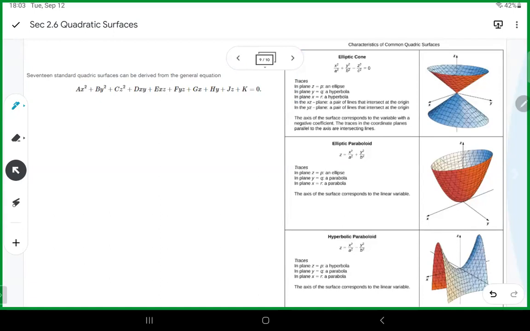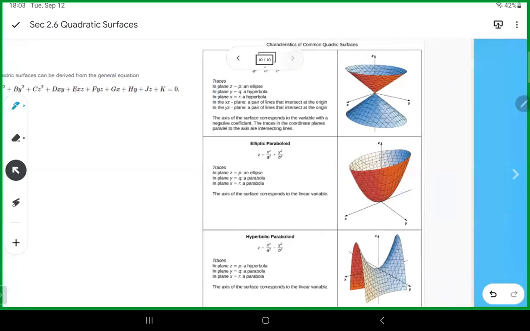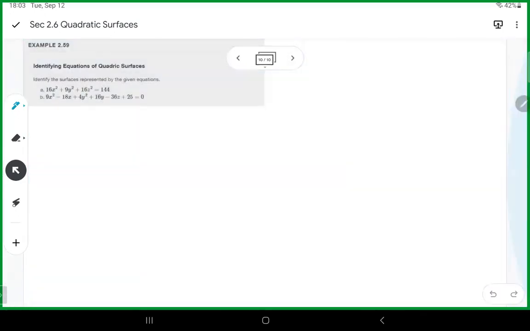Then you have an elliptic cone, an elliptic paraboloid, which we've discussed as well, and then a hyperbolic paraboloid. Oh God, such a horrible name. All right, so those I would strongly recommend flashcards, however you want to do it. That's how I would work those and make sure that you know what you're doing on that.